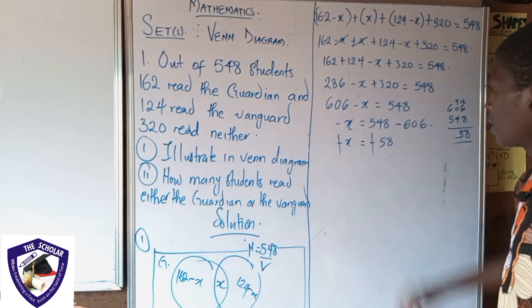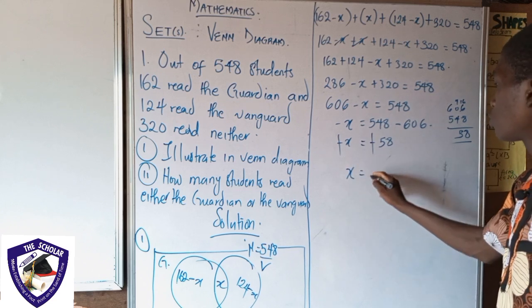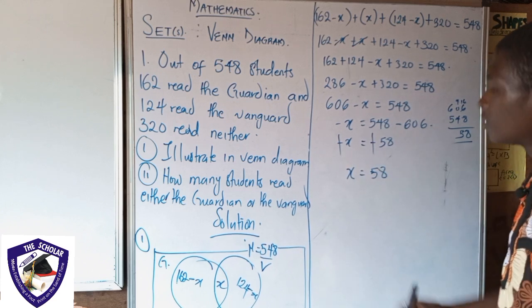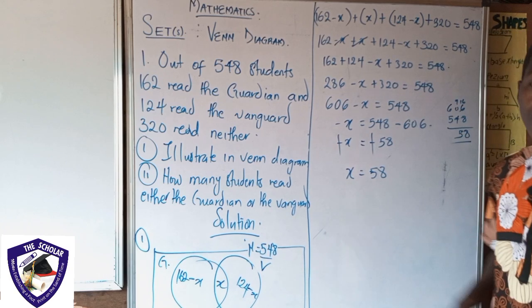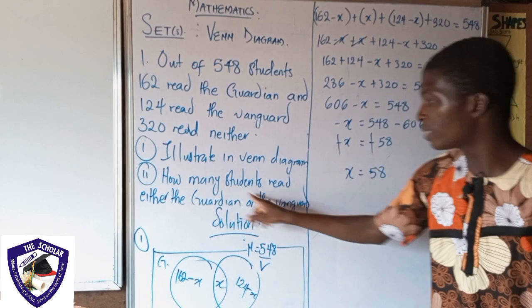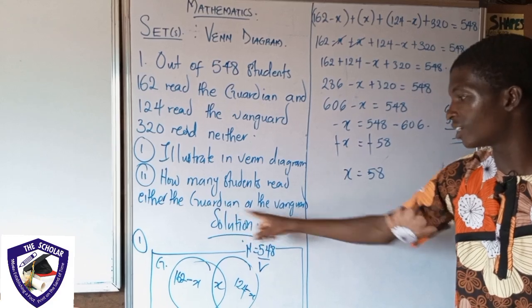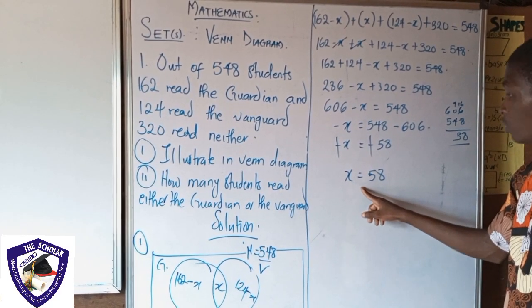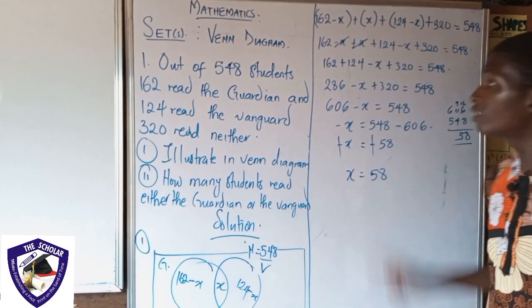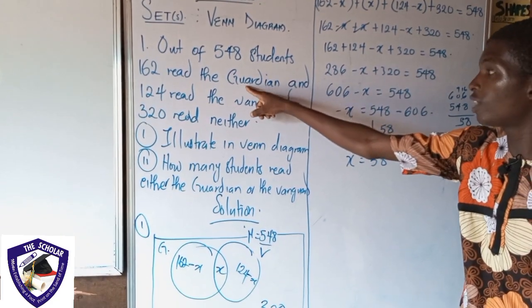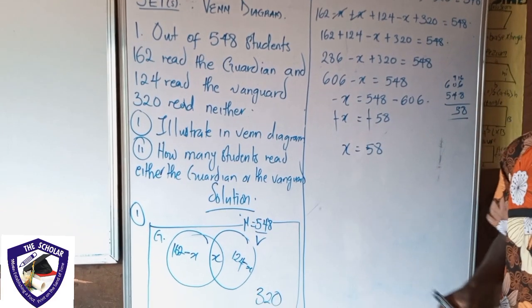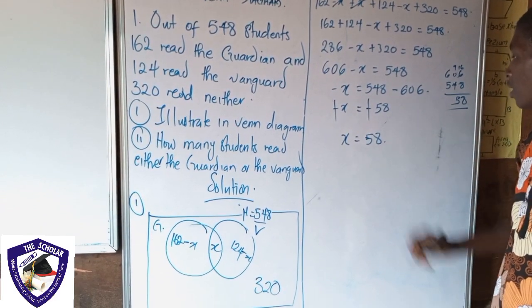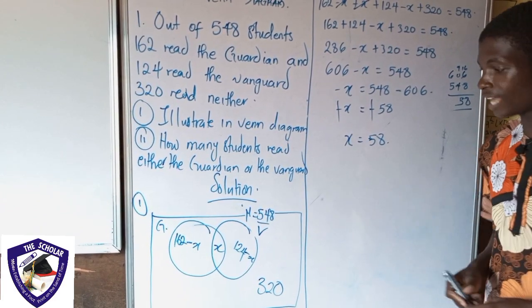So here minus eliminates minus, you have an answer to be 58. Now with this, we've answered our question. The question says, how many students read either the Guardian or the Vanguard? So with this, we have X, which is the total number of students who read the Vanguard, and likewise the Guardian. So that is how to solve questions like this.